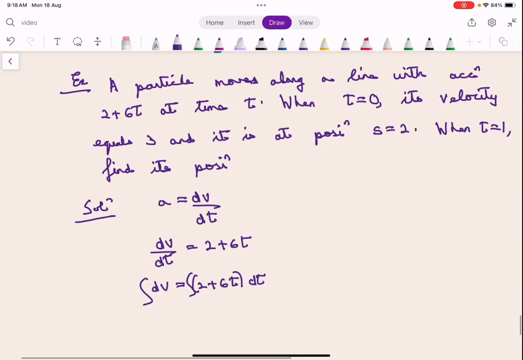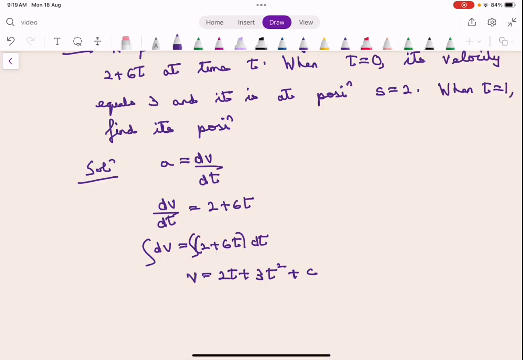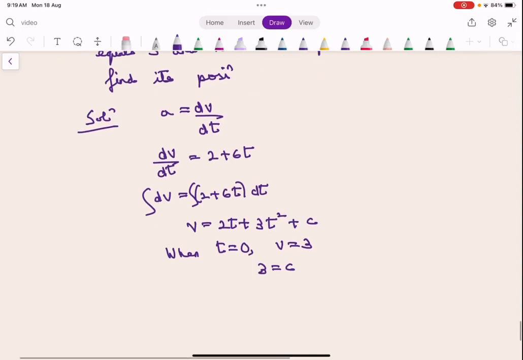Integrating, we get v equal to 2t plus 3t squared plus c, because integral t is t squared by 2. Now when t equal to 0, its velocity is 3. So 3 equal to c. So substituting here, we get v equal to 2t plus 3t squared plus 3.